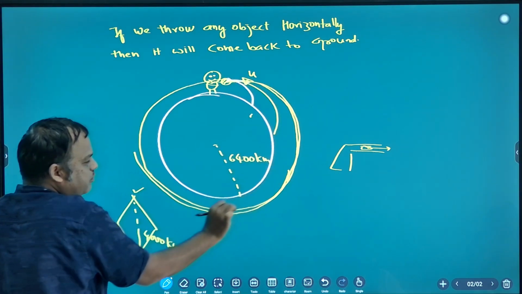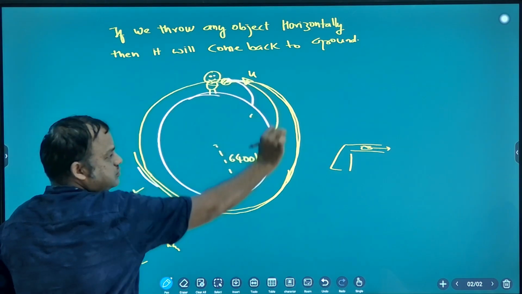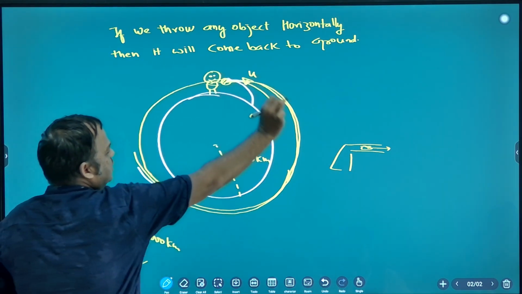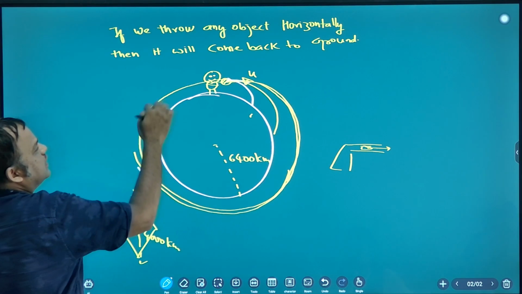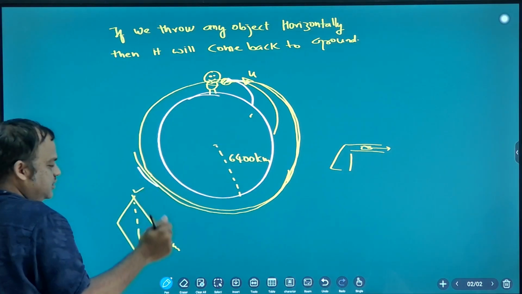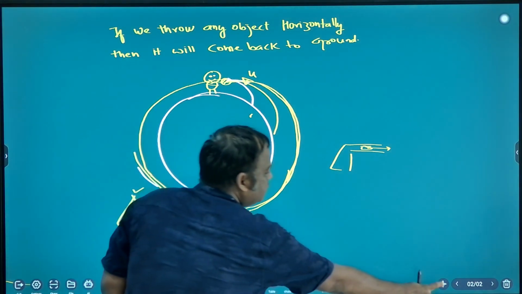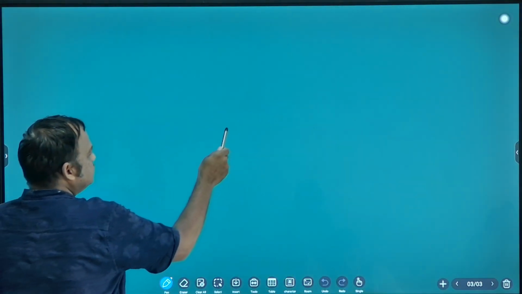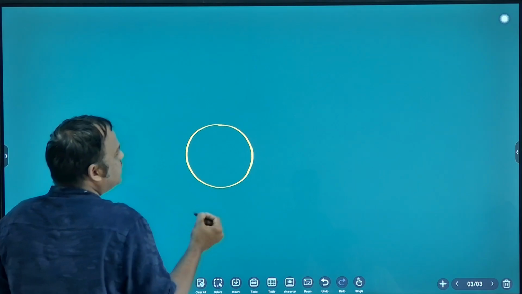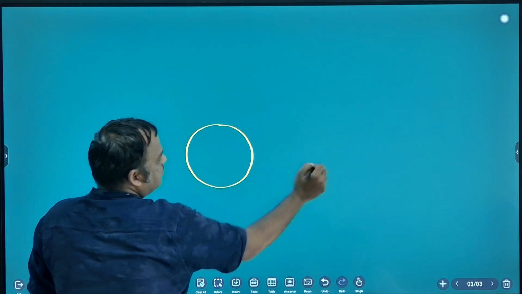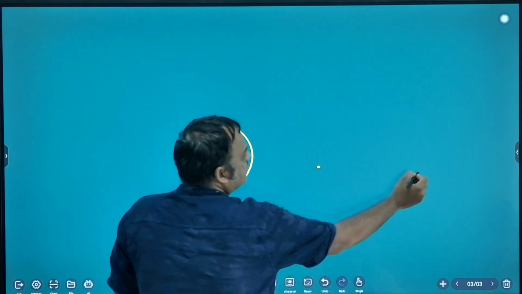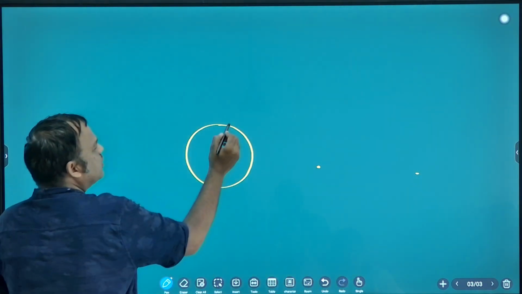So what is this object doing now? Circular motion. So this is known as satellite. Some satellites are at some height, some satellites are at more height. So what is the role of rocket?